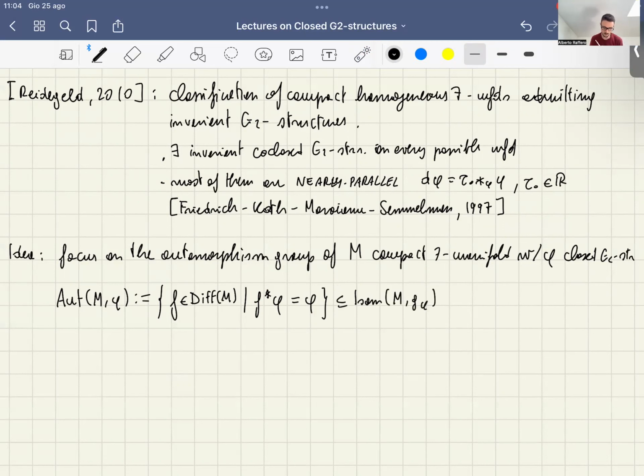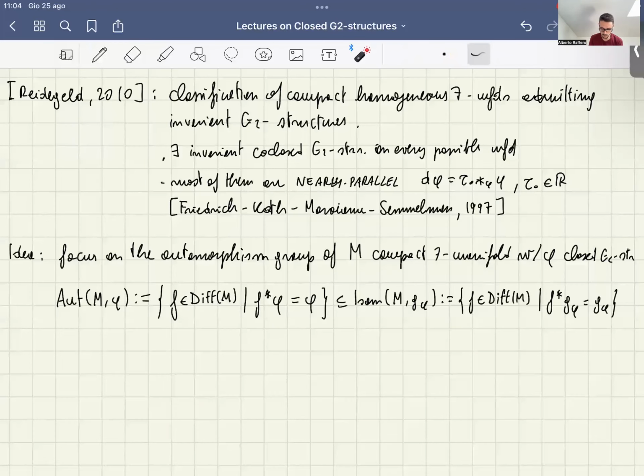So in particular, the automorphism group will be a subgroup of the isometry group, which is the group of diffeomorphisms of the manifold preserving the Riemannian metric gφ by pullback.